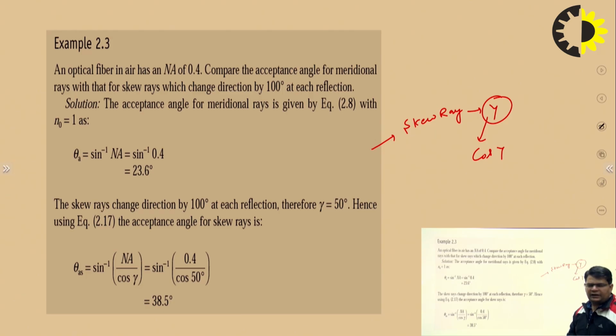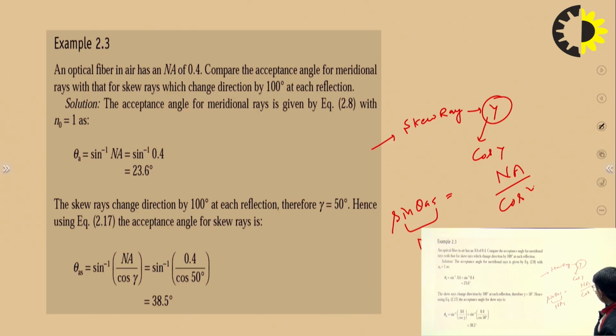So if you see the derivation, the relation is: sine of theta_s, which is nothing but the numerical aperture for the case of skew ray, is the numerical aperture divided by cos of gamma.